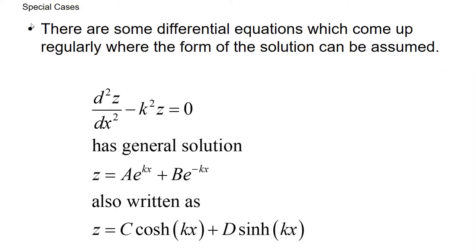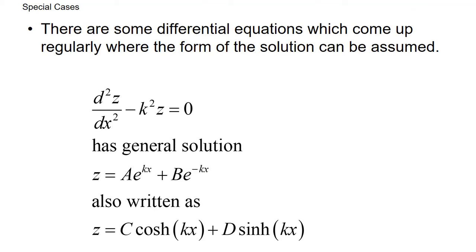One equation that comes up a lot, the second derivative minus k squared z is equal to 0. So effectively, we have this minus a multiple of z here. When that comes up, the general solution is simply given by a e to the plus kx plus b e to the minus kx.